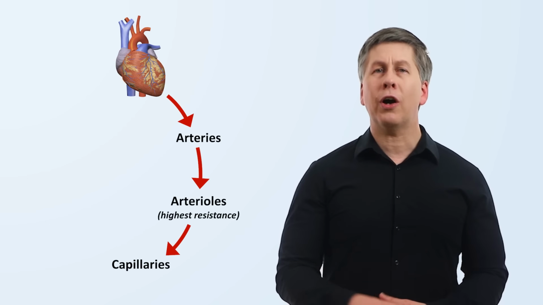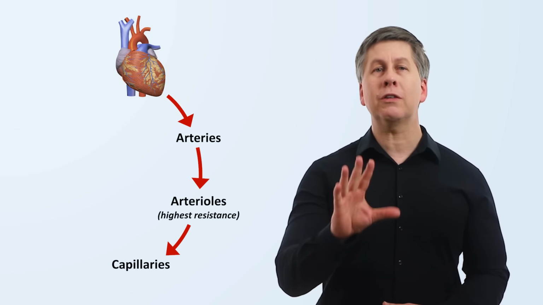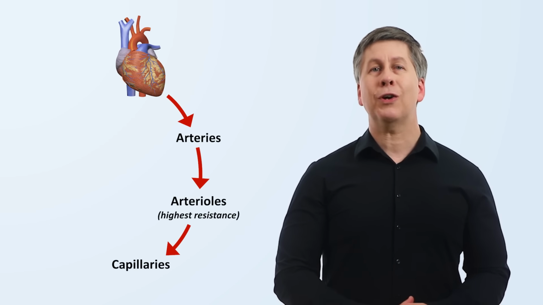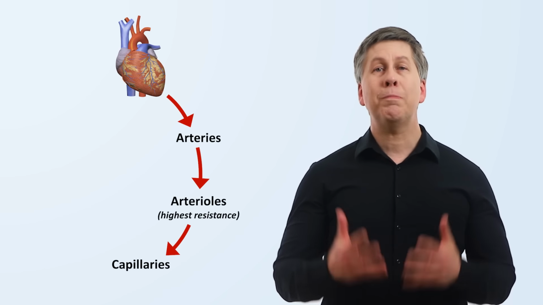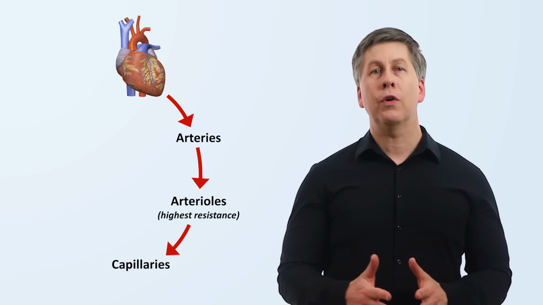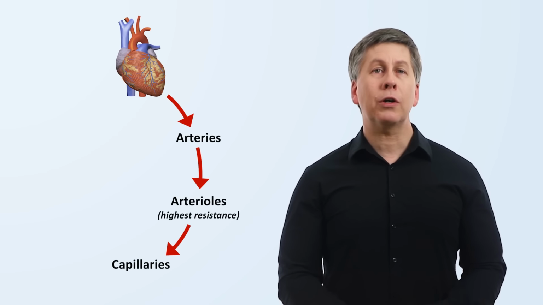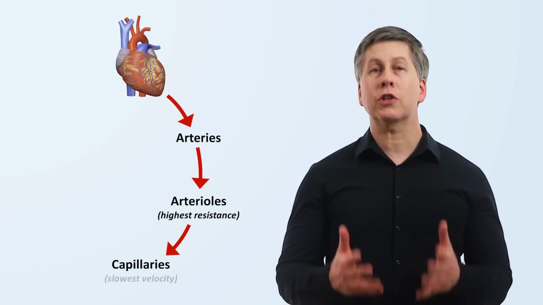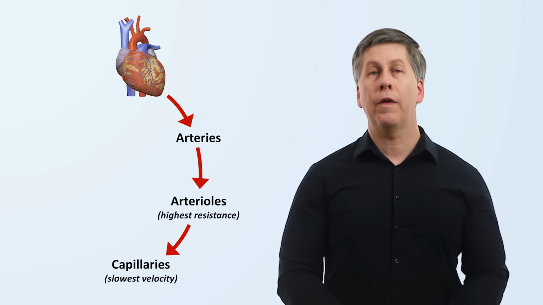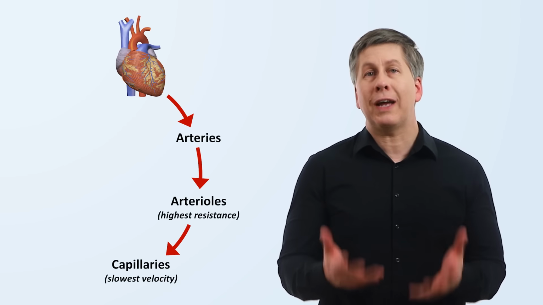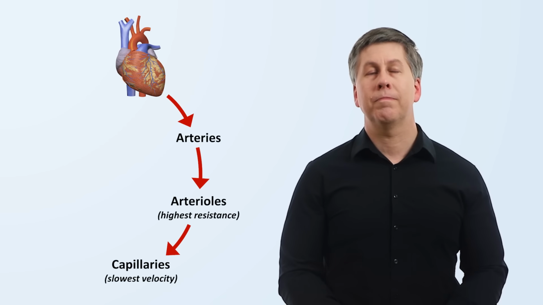Although the capillaries are tiny, there are billions of them in the body, such that their net cross-sectional area is many times that of the aorta or of any other level of blood vessel. As a consequence, the capillaries are where blood travels the most slowly through the circulation, which is of course helpful for the exchange of gas, nutrients, and waste.